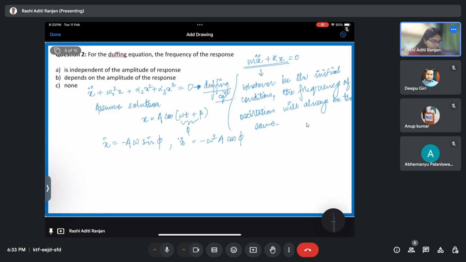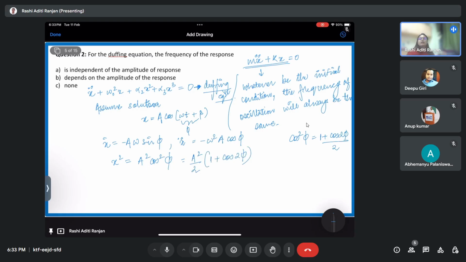Now, I have to evaluate x square, which is nothing but A square cos square phi, right? Now by trigonometry, I know cos square phi is equal to what? It is nothing but (1 plus cos 2 phi) by 2, right? I'll use this expression. So I'll get A square by 2, (1 plus cos 2 phi).